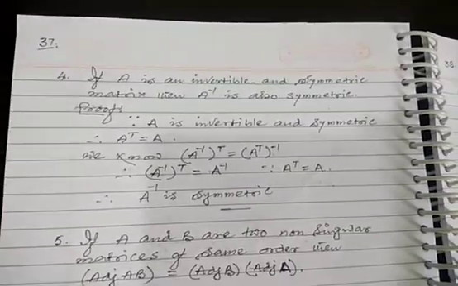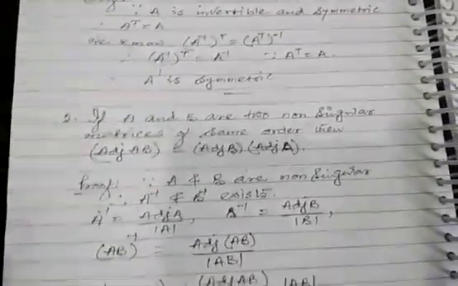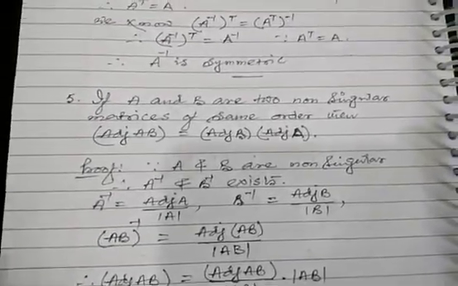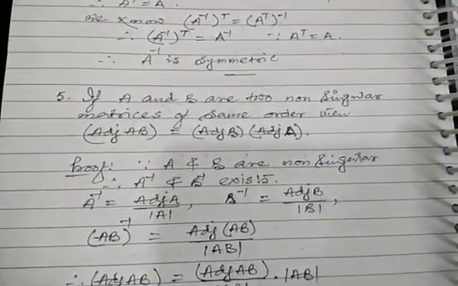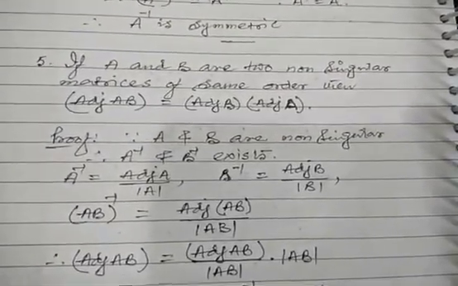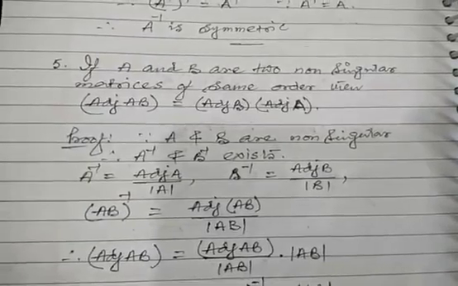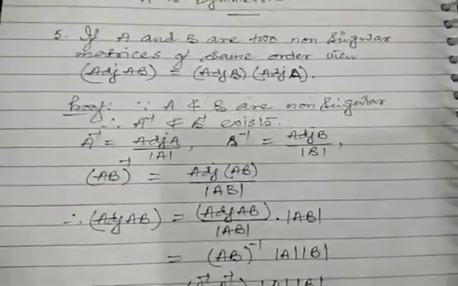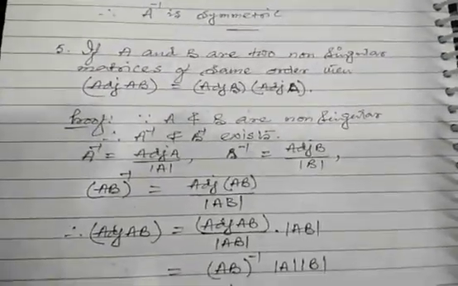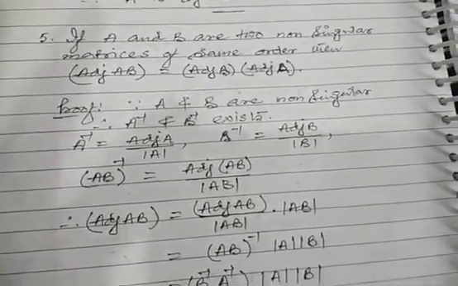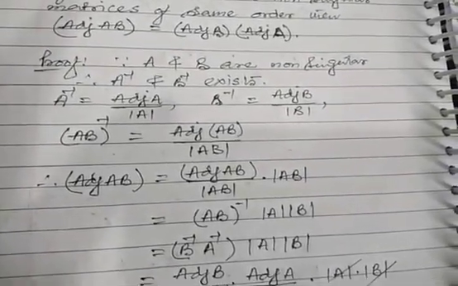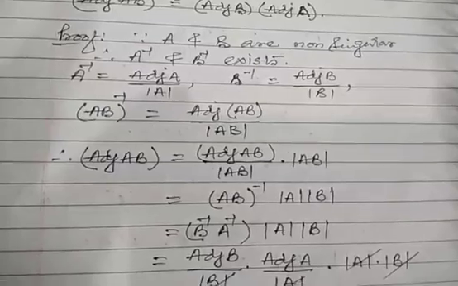Property number 5. If A and B are two non-singular matrices of the same order, then adjoint of AB is equal to adjoint B into adjoint A. That arrangement changed: adjoint of B into adjoint of A. If A and B are non-singular, therefore A inverse and B inverse both exist, and determinant A is not equal to 0, determinant B is not equal to 0.